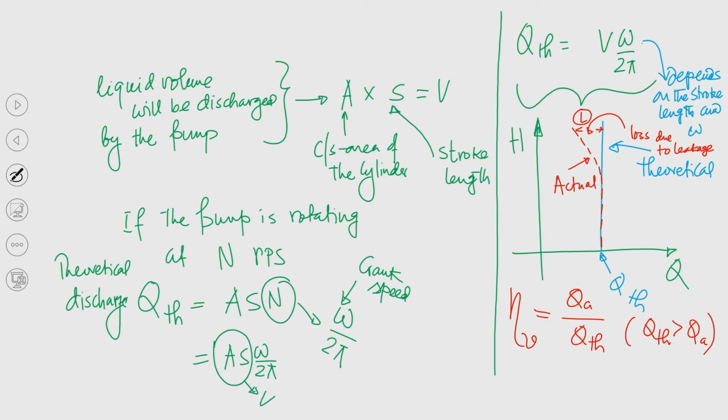If we go to the next slide, eta V is Q actual divided by Q theoretical, and Q theoretical equals Q actual plus Q prime.